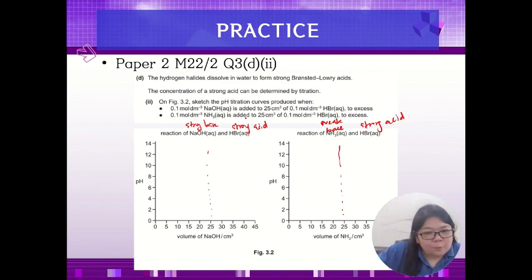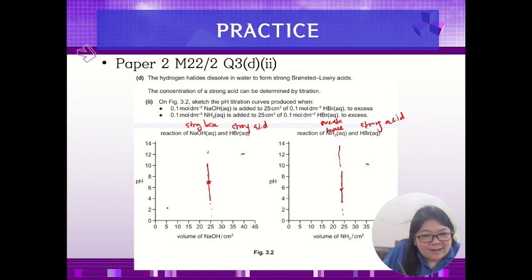Strong acid versus strong base: pH equals 7 at endpoint. Weak base, strong acid: pH less than 7. So it's the middle part. Strong base, so pH 12. Weak base, pH less than 12, less than 10.